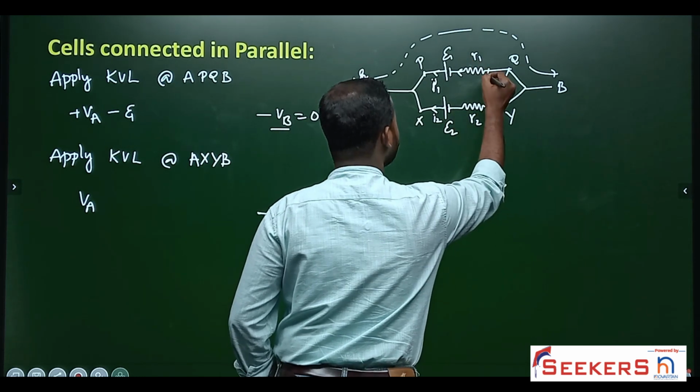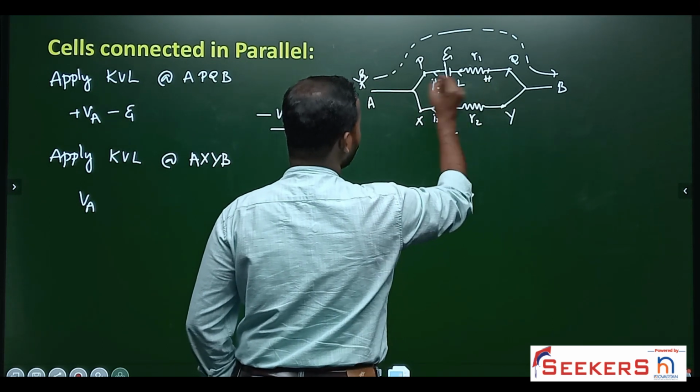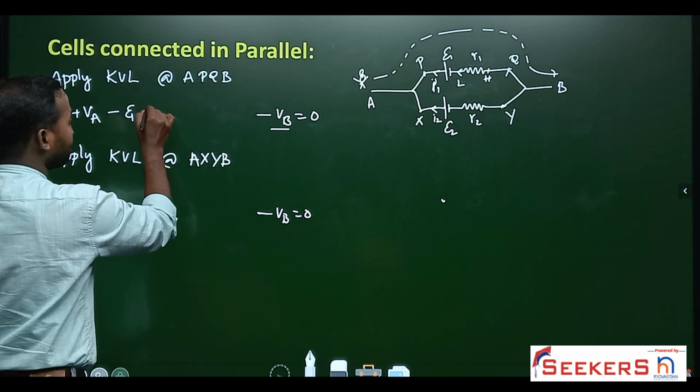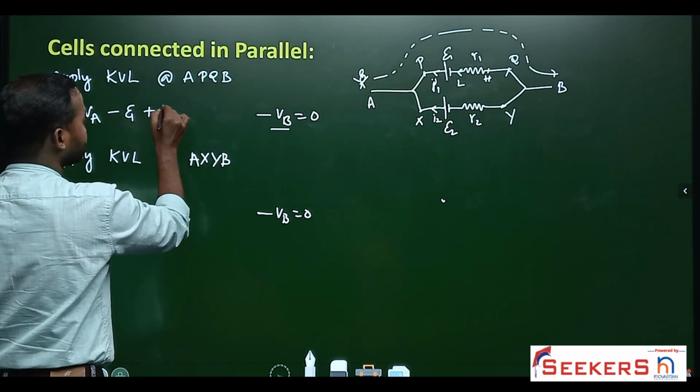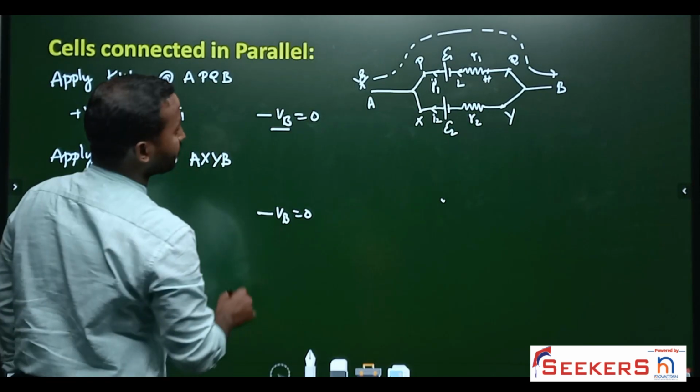So current is going like this, this is high potential, this is low potential. So you are going from low to high, hence potential is gained. How much is the gain now? That is current I1, resistance R1, and that's it.